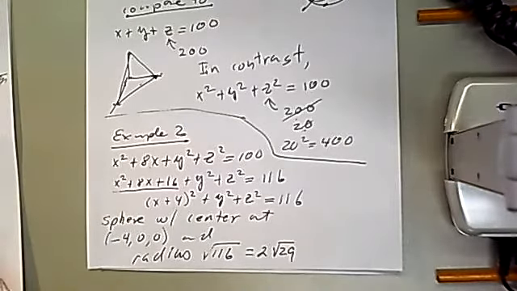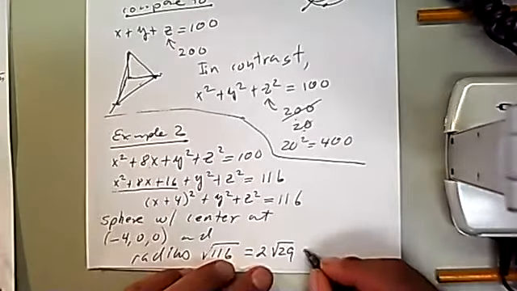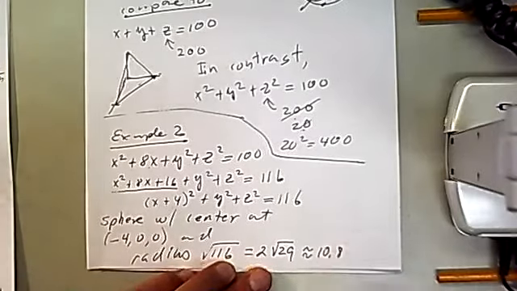Let me do a quick computation. Square root of 29 times 2 equals about 10.8.